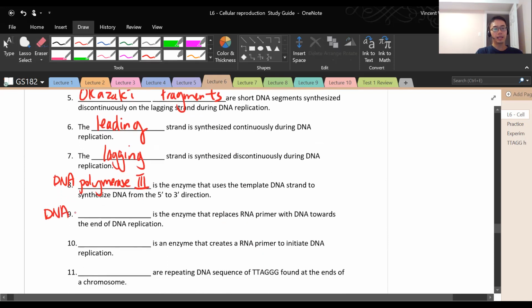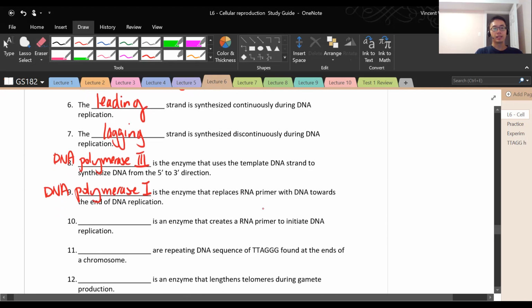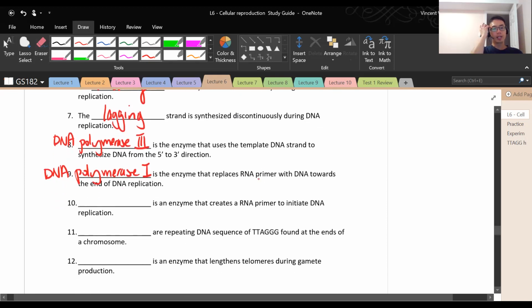And then the DNA polymerase 1 is the enzyme that will replace the RNA primer with DNA towards the end of DNA replication. To create the primer, we need the primase. The TTAGGG repeats found at the end of chromosomes are called telomeres.